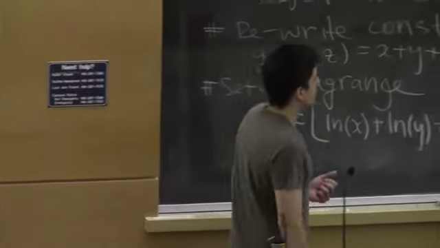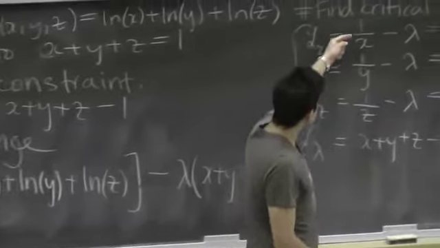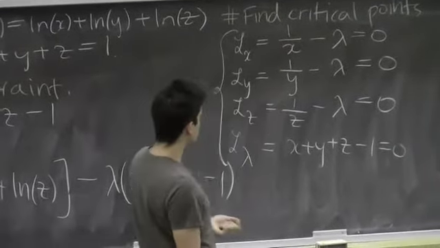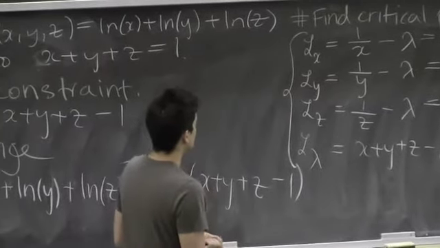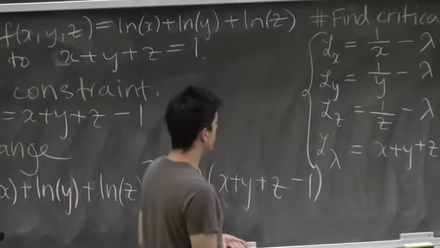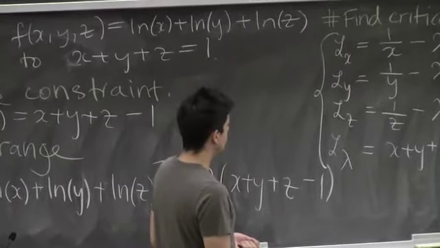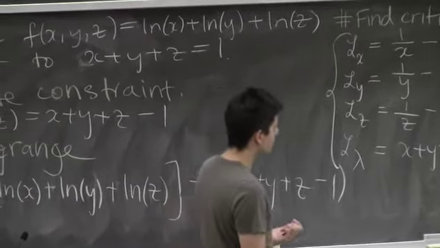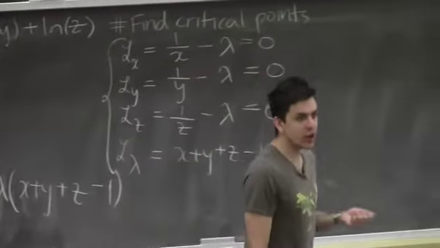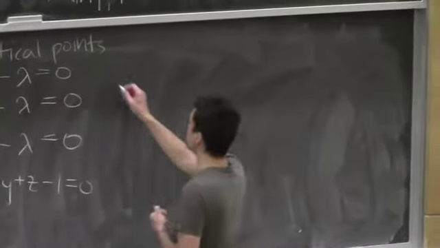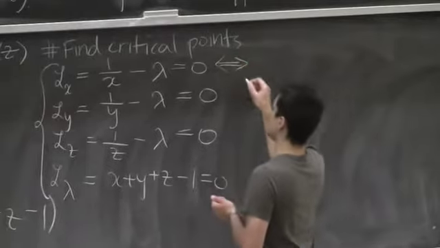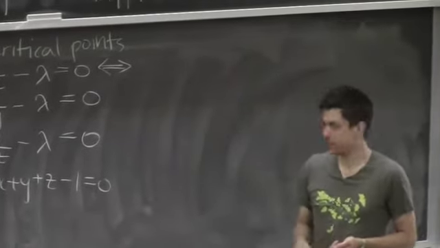Okay, so we have to think a little bit about the algebra of what's going on, how this could possibly work out. Right, how can we solve for x, y, and z? So a move that's often helpful with Lagrange multipliers is to isolate for lambda.